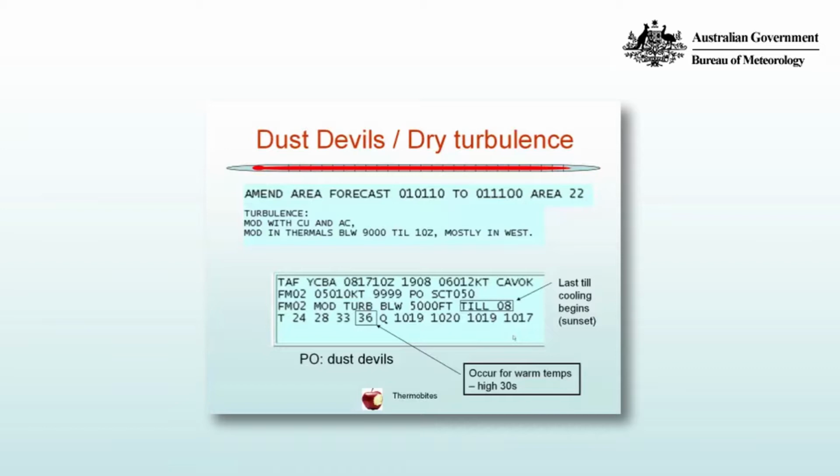So the cooling will begin at sunset, and the 5,000 feet is lower than the value that you'd put on the area forecast, because for a TAF you're only interested about conditions to 5,000 feet. And then finally, look at the temperatures. They're starting from 19 UTC, so the 33 and 36 indicate that you really want mid to high 30s before dust devils and dry turbulence occurs.